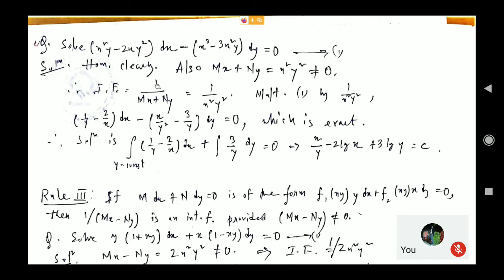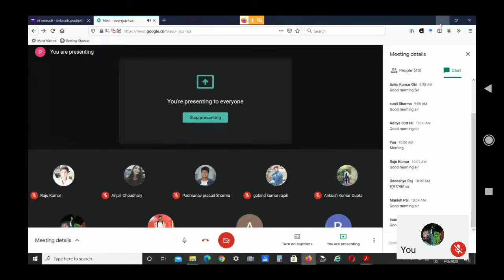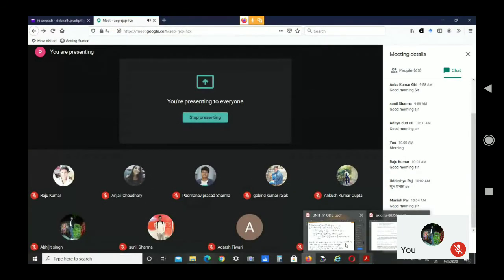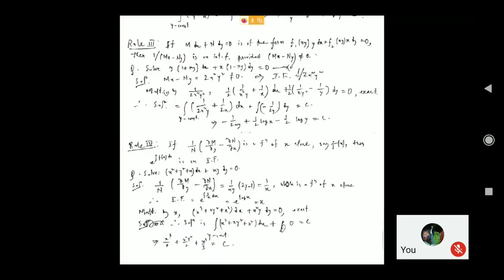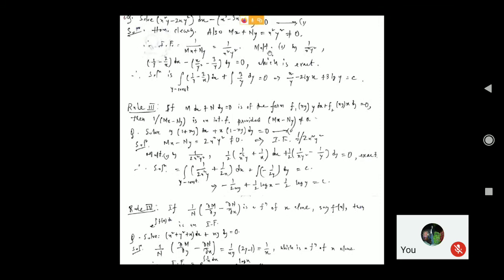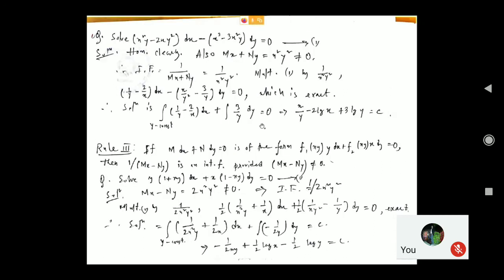So the reciprocal of Mx plus Ny, which is 1 by x square y square, becomes an integrating factor.